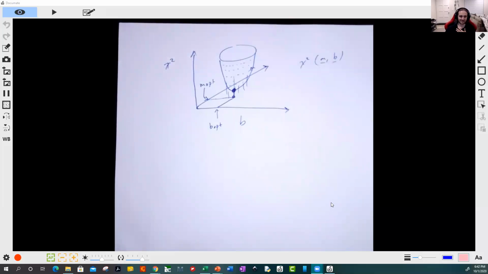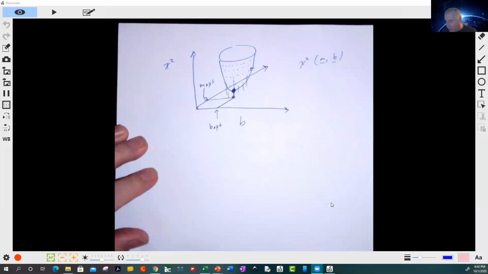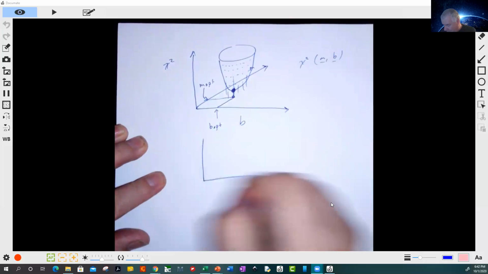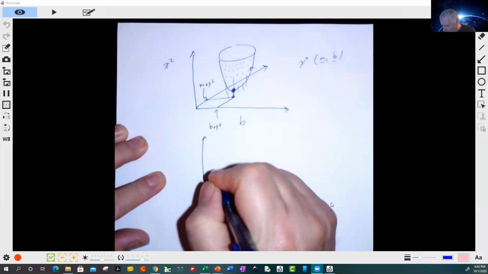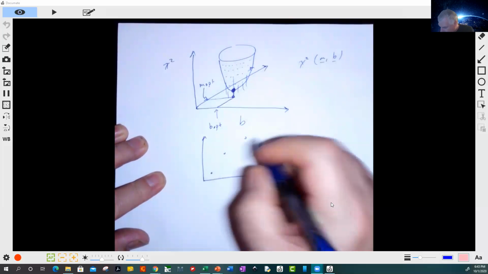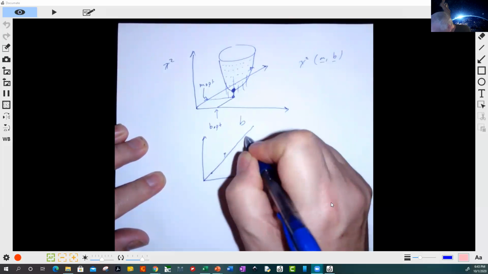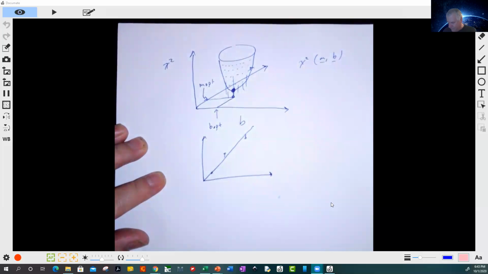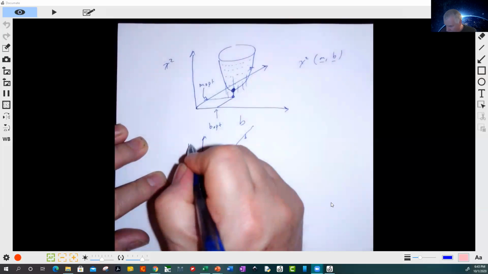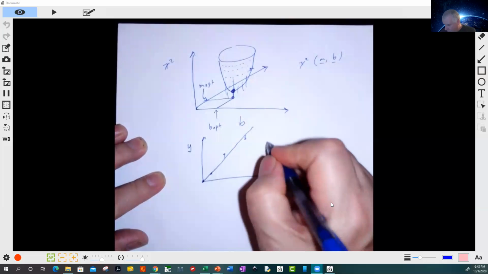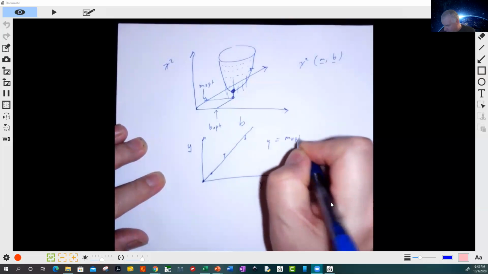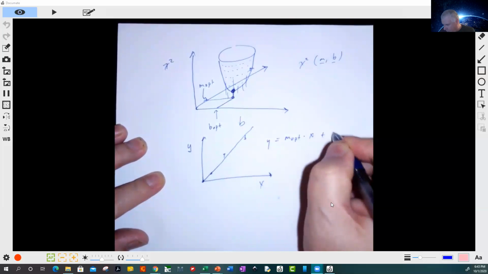Mopped and bopped are the optimal slope and the optimal intercept. Mopped and bopped are those values of M and B which match the data to the best fit line. Here's Y and there's X. Y is equal to mopped times X plus bopped.